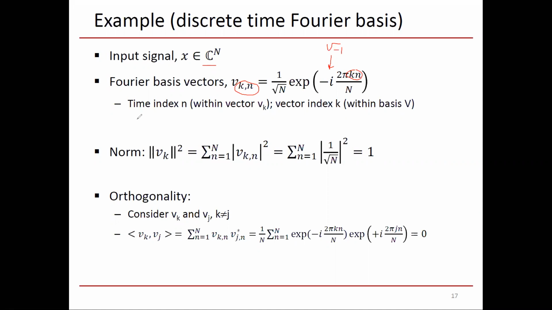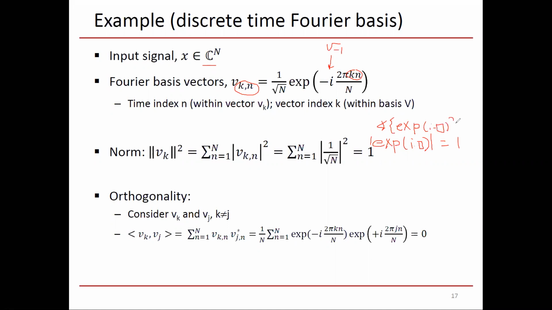Now, similar to before, I was discussing the energy. The squared L2 norm of vk is a sum over the n squared magnitudes of vkn. And if you think about it, if you have exponent of i times something, its magnitude is equal to 1, and its phase is equal to that something.